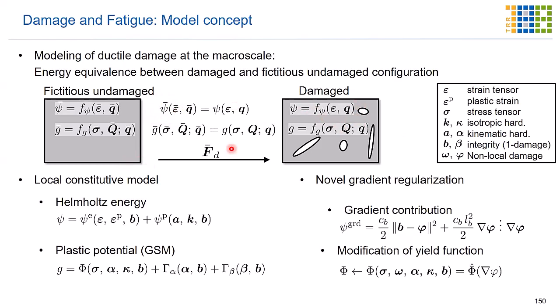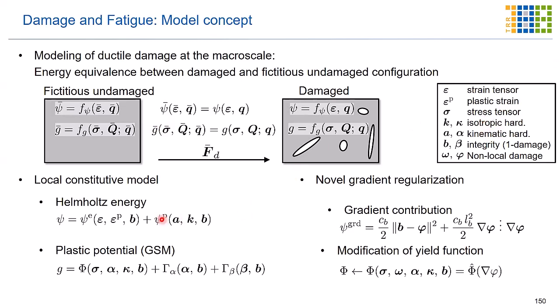And for the damaged state, then you would have some voids here or microcracks, typically voids for ductile damage. And it's a bit similar to what we have talked about before, the effective stress and effective strain concepts, but here on a more sophisticated level, in the sense that we now have a complete framework in terms of energy, in terms of stresses and strains as tensors in all directions, with hardening due to the plasticity.